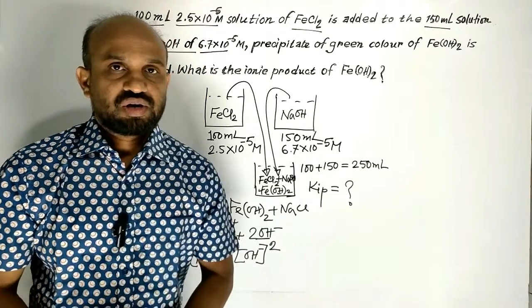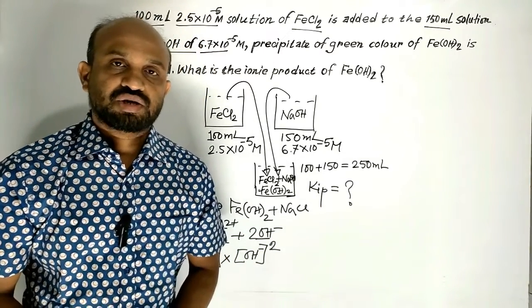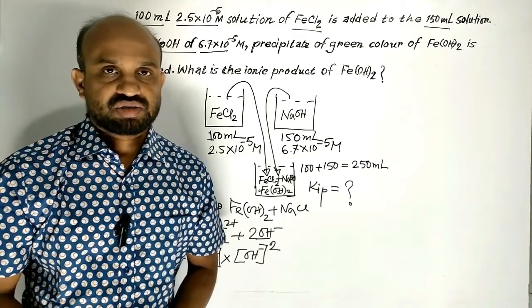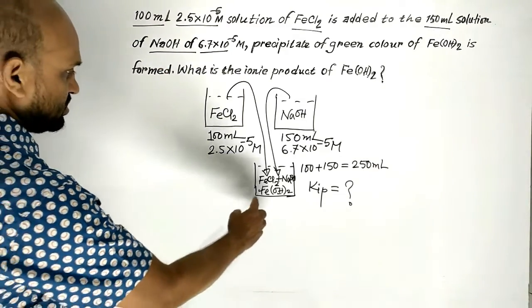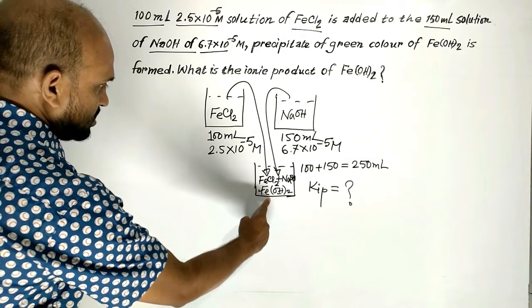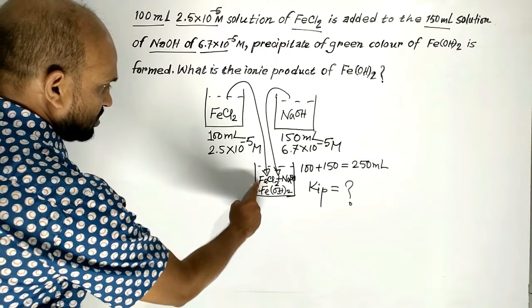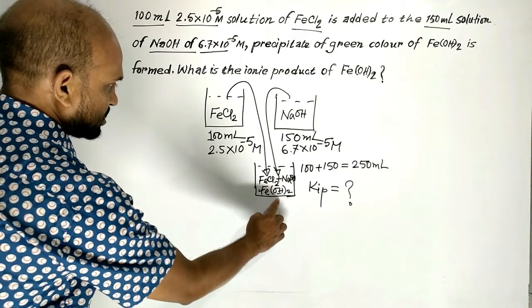Now, first of all, let us find concentration of ferrous ion and hydroxide ion in the mixture.